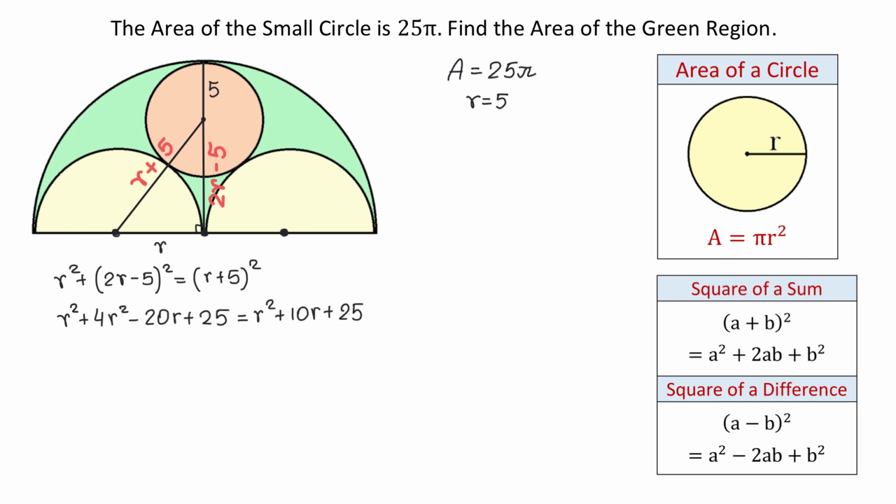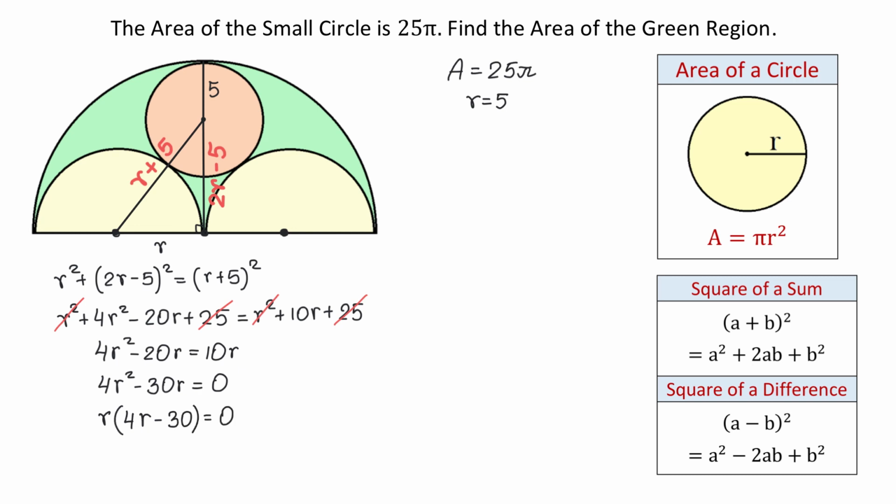Now, before we continue, we will cross out r squared on both sides as well as 25. So now we have 4r squared minus 20r equals 10r. If we subtract 10r from both sides, then we will have 4r squared minus 30r equals 0. In the next step, we will factor out r, and in parentheses we will have 4r minus 30 equals 0.